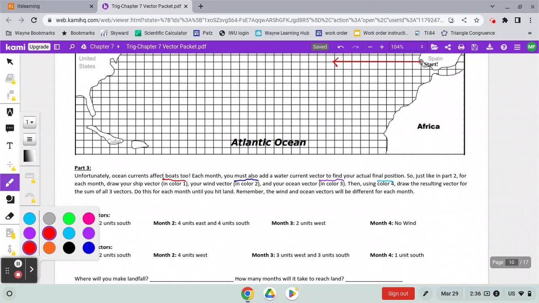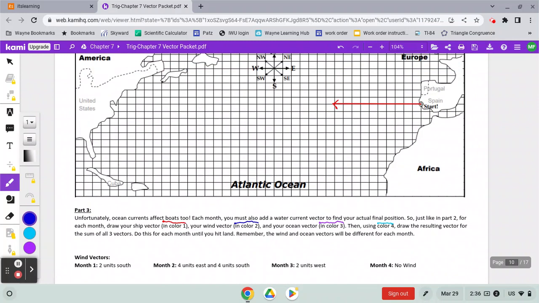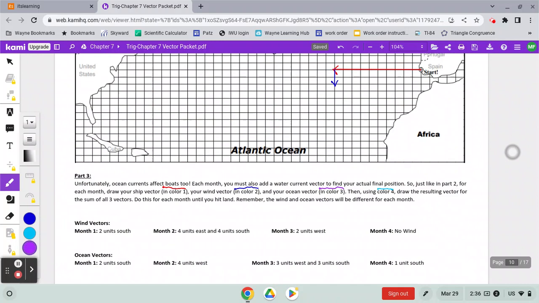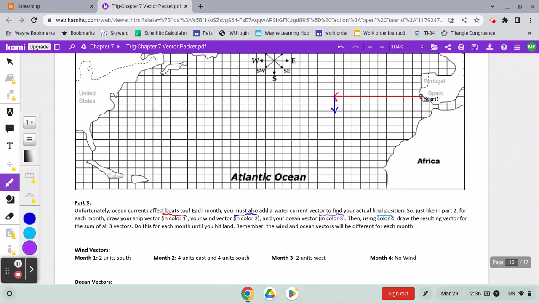Once again, just like on the front, that's 2 units to the south, straight down, 1, 2. And then we need our ocean vector, which is also 2 units south. So 2 more units south, 1, 2. And as you can see, our resulting vector gets us over here. And 1 month is done.